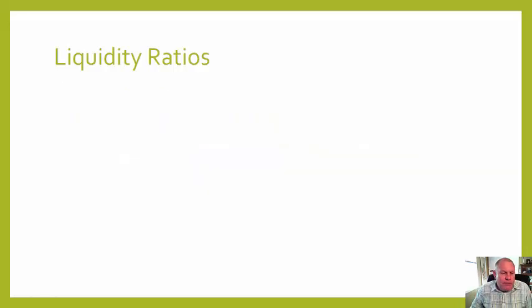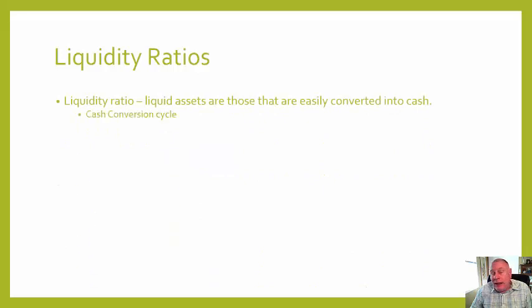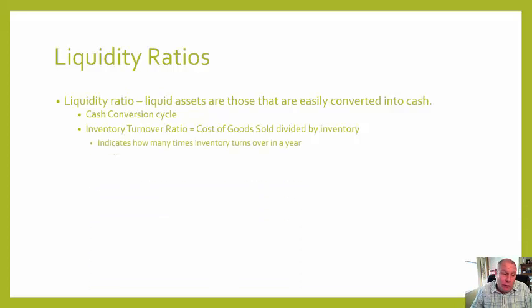The next liquidity ratio that we're going to look at, and have already, is the cash conversion cycle. You did that in Module 2. There's a little bit of a twist on that, and it's the inventory turnover ratio, which is cost of goods sold divided by inventory. It indicates how many times inventory turns over within that year.